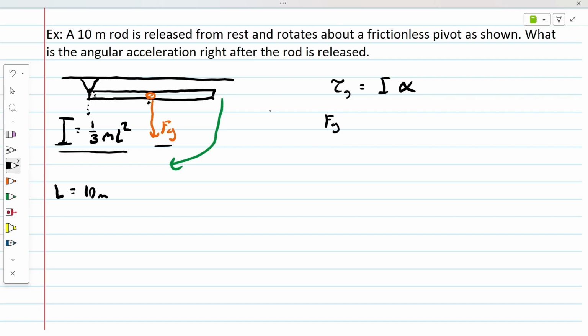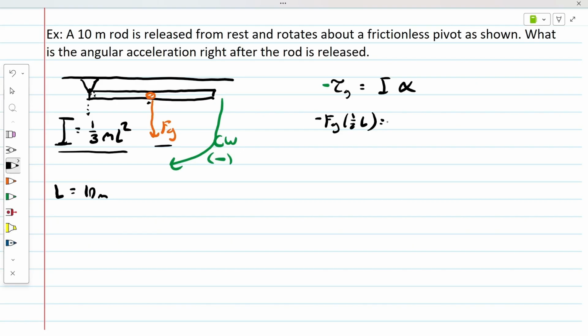So the radius is just going to be 1/2 the length. And another thing you might be thinking here, this is going to rotate in this clockwise direction, which by convention we're going to call the negative direction. So this should actually be a negative torque, and so we'll have a negative force due to gravity times 1/2 L.